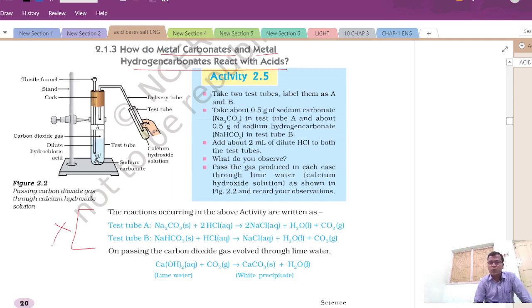I have already told you that I will guide you on which reactions are important to remember. You don't have to remember the equation, you only have to understand what is happening. You have to take the concept only.